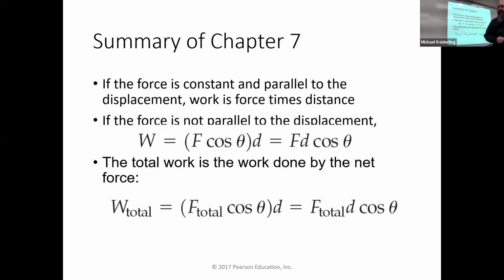So for example, if a force is constant and parallel to displacement, work is force times distance. The general formula for work is force times distance times the cosine of the angle between them.